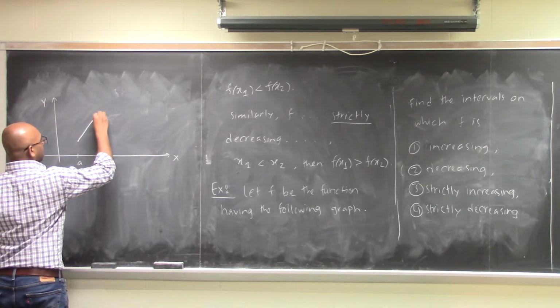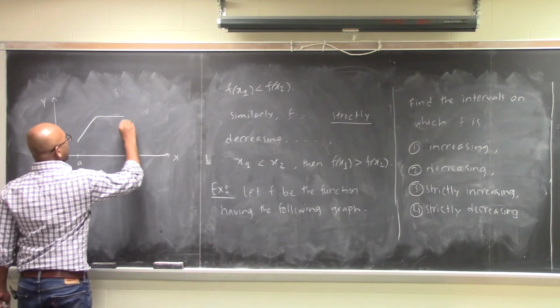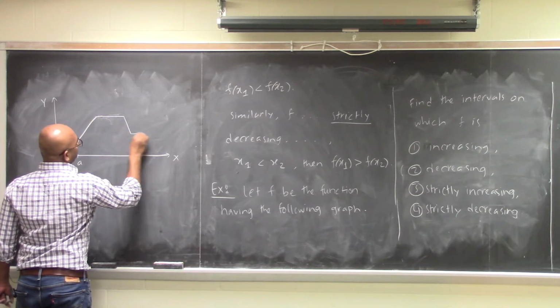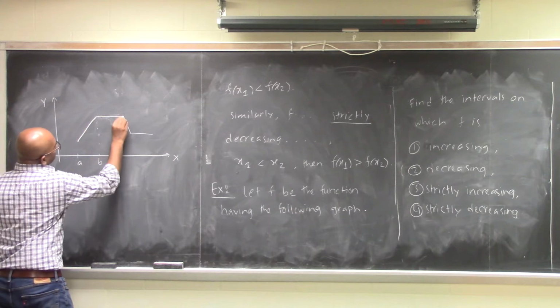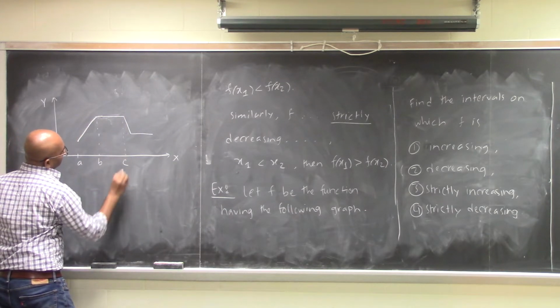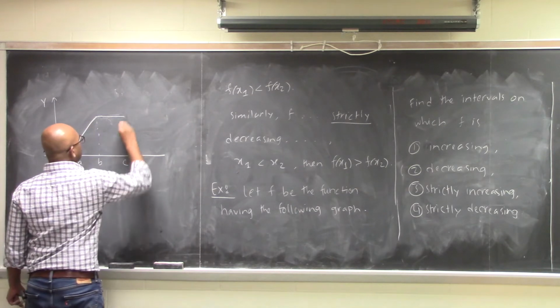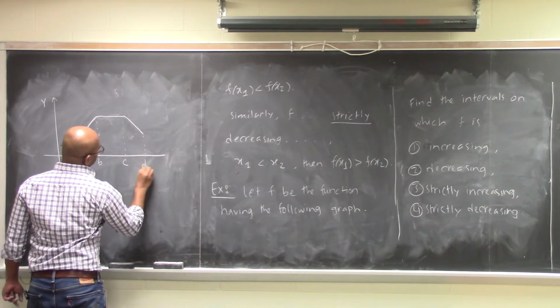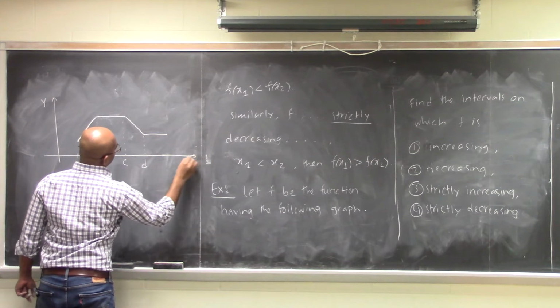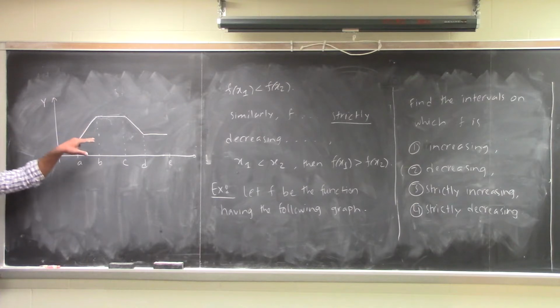It didn't quite look like a horizontal line. Let's just move this a little bit. Okay, so let's call this point D, and so this is E. Almost looks like a car if I extend this side, make some wheels.